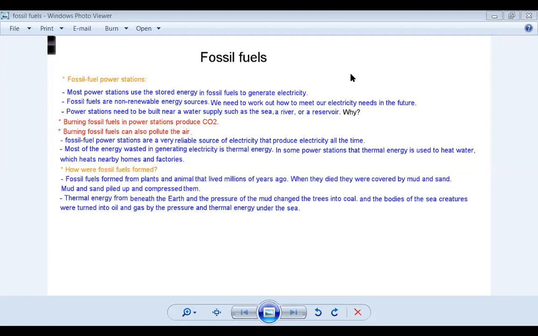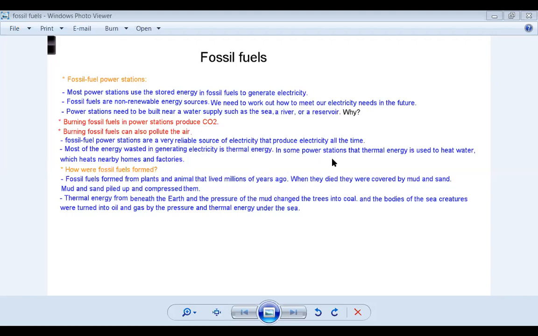We need to collect this steam again to cool it down, and more than this, we still have wasted energy as thermal energy. Even as you saw in the video, if you touch the wire, you can feel it. It's a hot wire. So this is wasted energy.